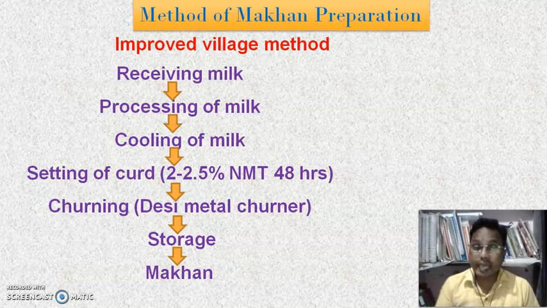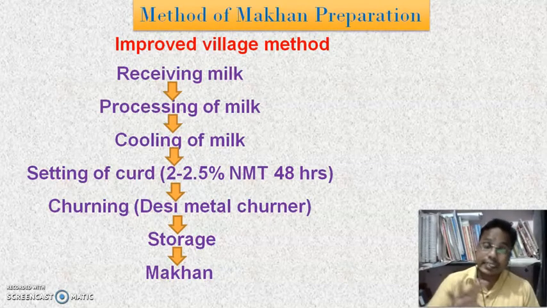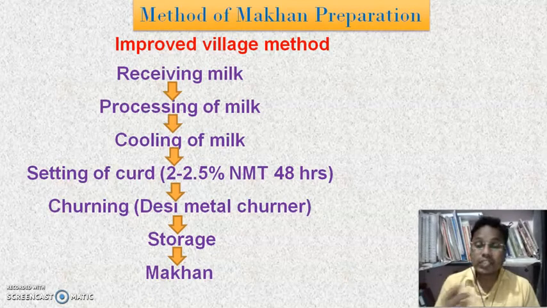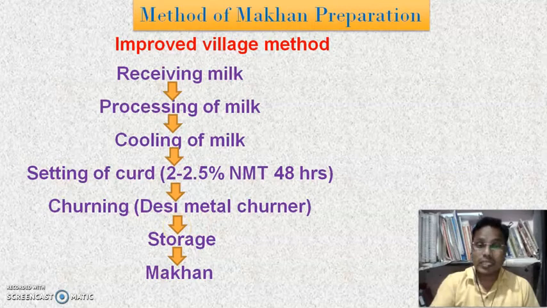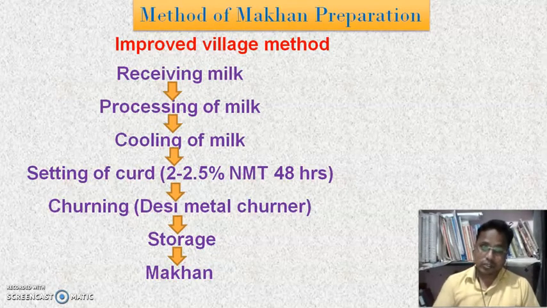So it helps to maintain control over the speed of the churning. So it helps to form larger lumps. So this is the benefit of these desi metal churners, which have a power driven gearbox.